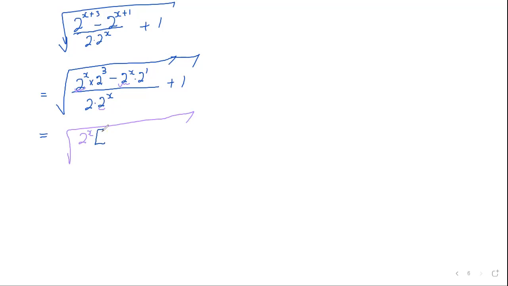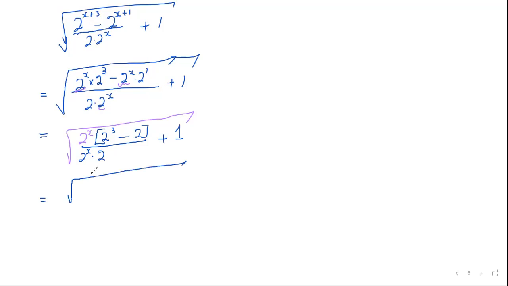What remains is 2 to the power of 3, which is 8. What remains on that side is a 2. On the bottom here, I'm going to write 2^x times 2 in that fashion, plus a 1.